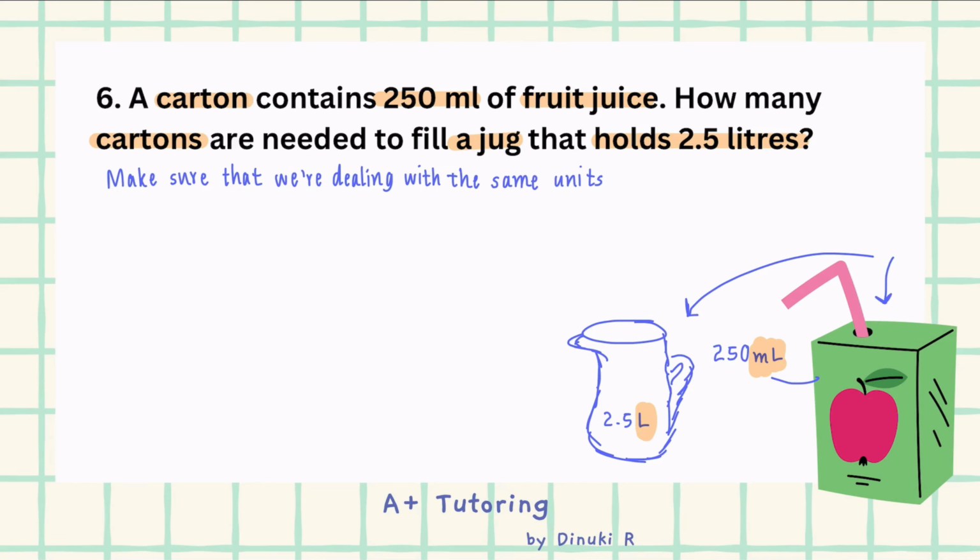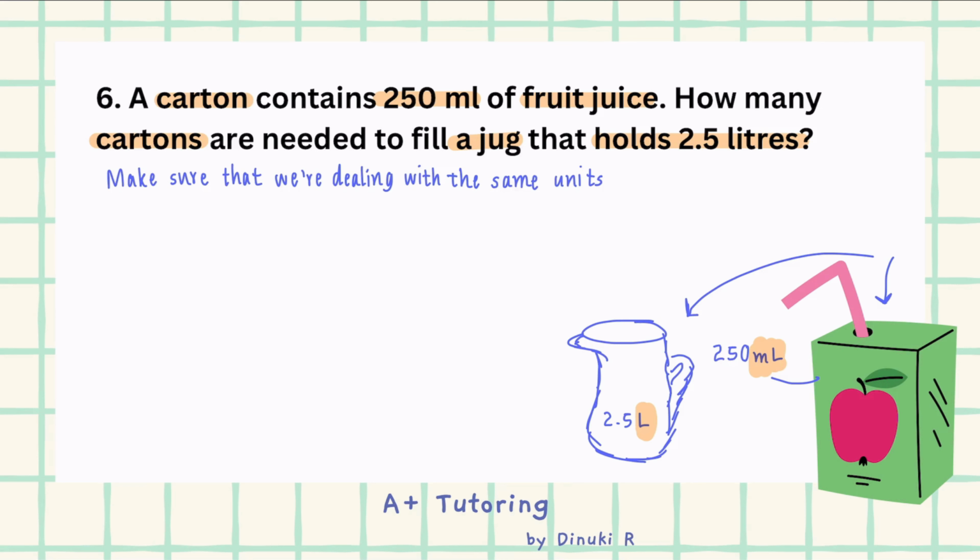So either change everything into milliliters or change everything into liters. Ensure that you have the same units. It depends on the question too, but I think when you're first learning, just change everything to milliliters because it means you don't have to deal with decimals as much.